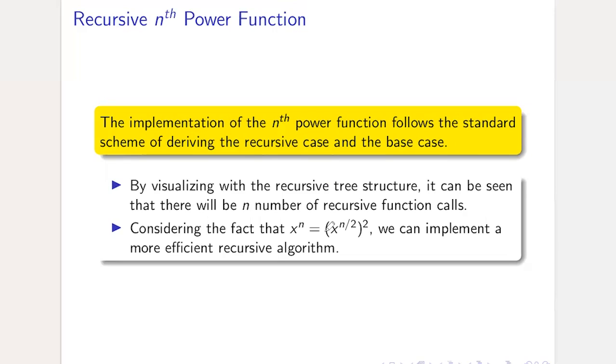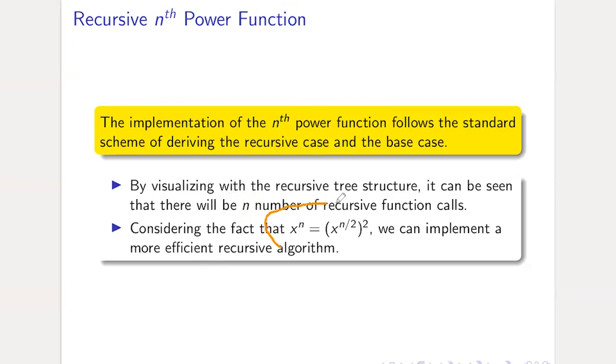It's like a tree branching out and going down stage by stage. So the number of calls here would be n, because at each step the n gets reduced by 1.